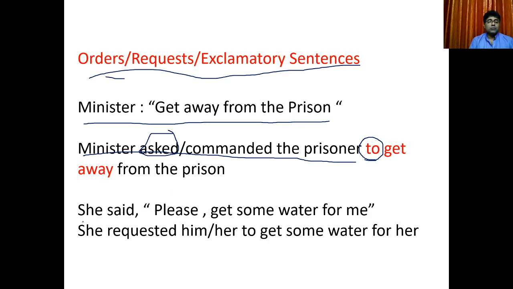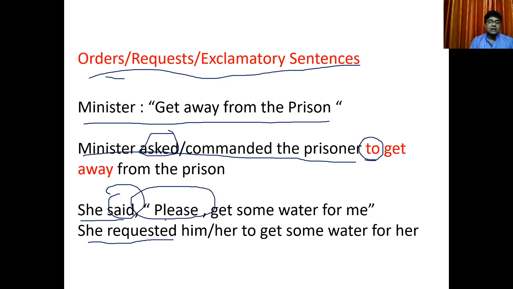Take for example one more thing. She said, "Please get some water for me." Now, though it is given as "said" there, this is a request, isn't it? So in indirect speech, we write it as she requested him or her, anybody, what? To get some water for her. Now you may ask me, where has this word "please" gone?